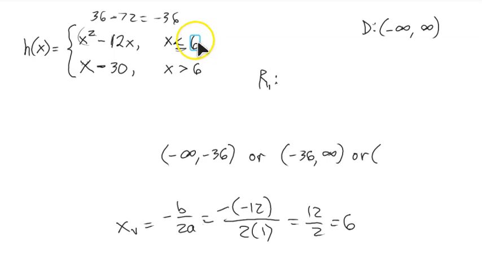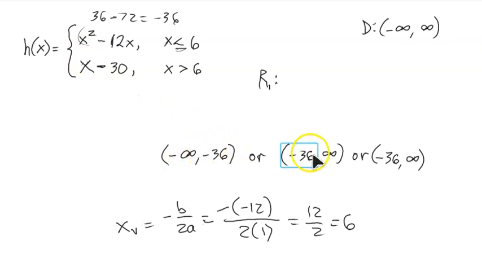And because it's the vertex, and this is an upward opening quadratic, that means that this is a minimum. And since this is a minimum, then it must be this one right here, negative 36 up to infinity. What I was about to write here is or negative 36 up to infinity. So these are the three choices.